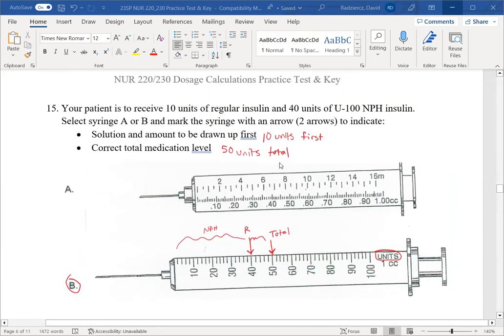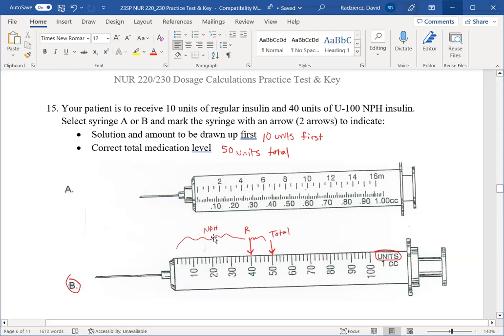I was just confused about why, and I know you explained it in the recording, but maybe you could explain it again. Why do you mark 40 when you're actually drawing up the 10 units of regular insulin first, but you're marking it at the 40 mark for the solution and the amount to be drawn up first?